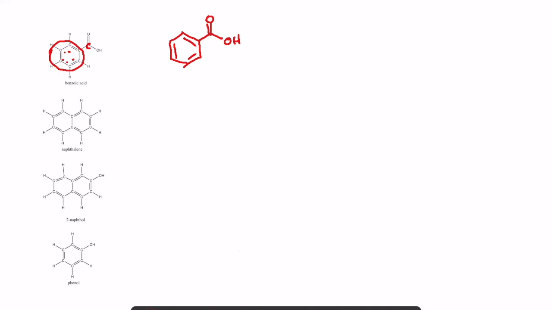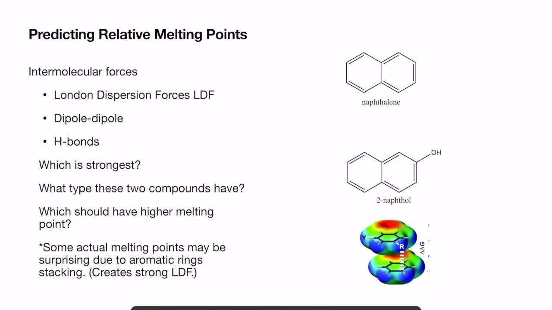Naphthalene is pretty simple, so I'll let you figure that out on your own. Hint, it's just 2 of these hexagons stuck together. And 2-naphthol is also pretty easy. You just have the 2 rings stuck together and then the OH drawn. And phenol is also pretty easy, so I'll let you figure those out by yourself. If you get stuck, you can always ask your TA.